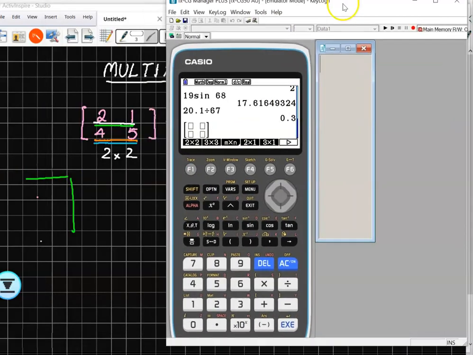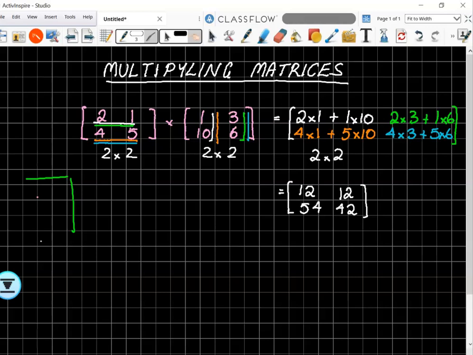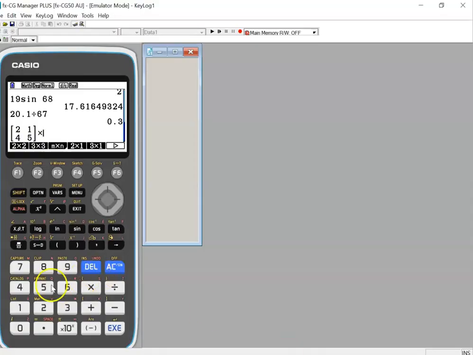So what was it? 2, 1, 4, 2, and use your arrow keys. Okay, we use our arrow keys to go outside. We times 1, 3, 10, 6. So press that again. 1, 3.